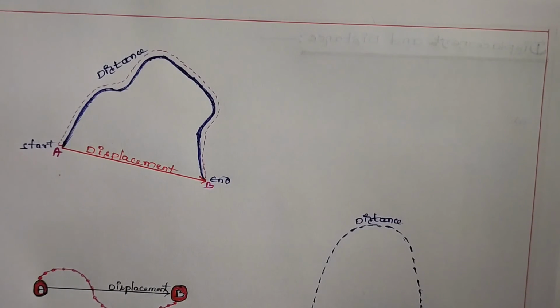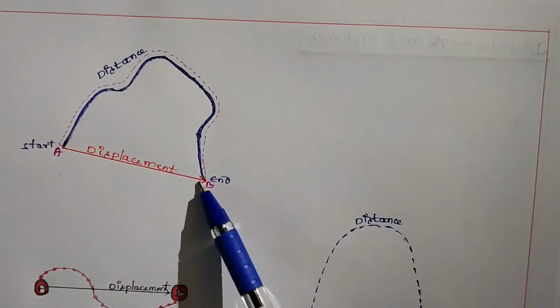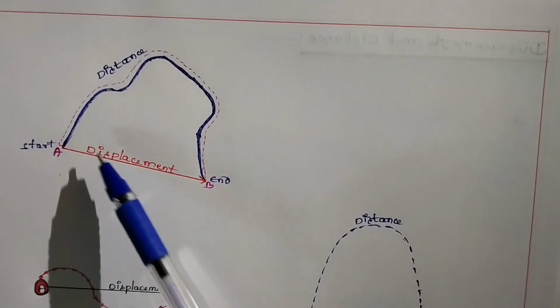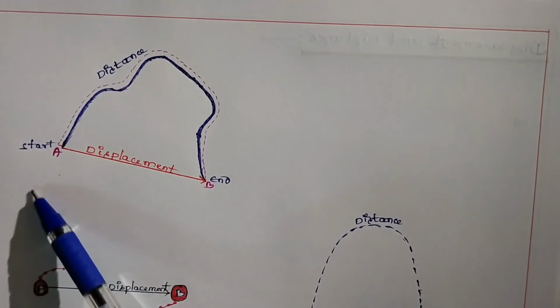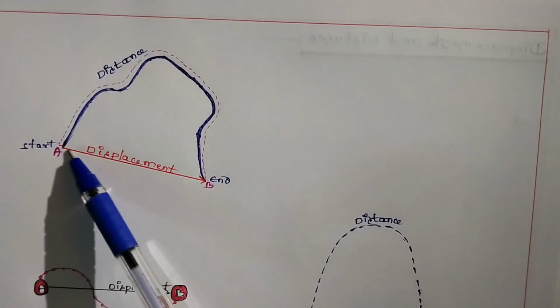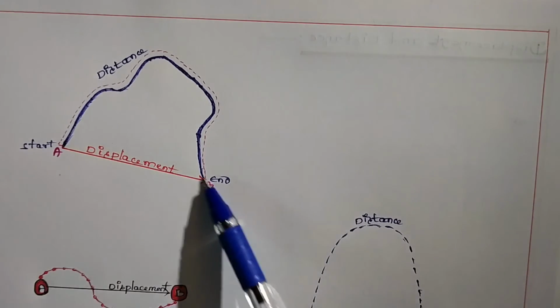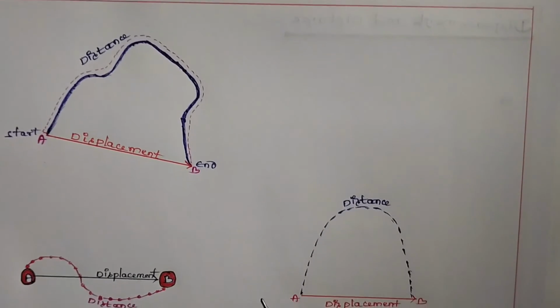And here it is the direct length. Displacement is the direct length between any two points, and also the shortest length. It is the direct length between points A and B, which is also the shortest distance between them, which is nothing but displacement.